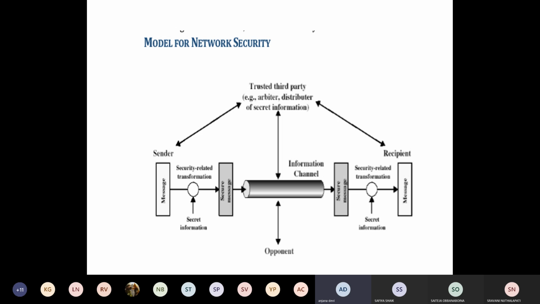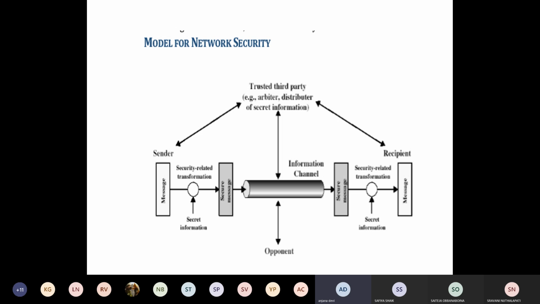Why are we saying this is a model for network security? When two persons, the sender and recipient, are connected in the network, ఈ ఇద్దరు పర్సన్స్ నెట్వర్క్లో కనెక్ట్ అయి ఉన్నారు. నెట్వర్క్లో కనెక్ట్ అయి ఉన్నప్పుడు డేటా ట్రాన్స్ఫర్ చేస్తున్నప్పుడు మనం ఈ నెట్వర్క్ సెక్యూరిటీ ఎలా ప్రొవైడ్ చేస్తున్నామో here in this image you are going to discuss.